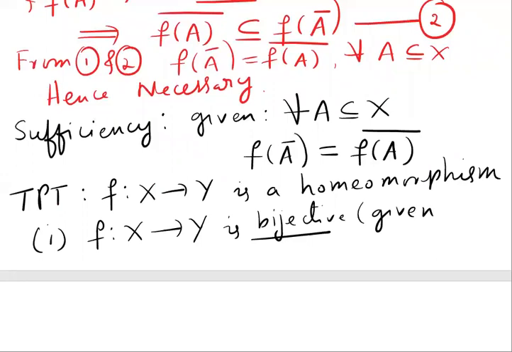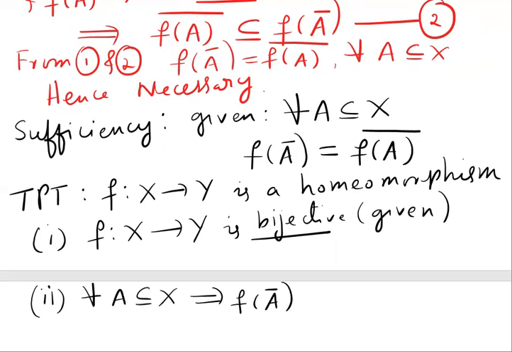Remember in the beginning, the statement of the theorem says a bijective function, correct? So F is bijective, that is given. Second one, is it continuous? They have given for all subsets A of X, F of A bar is equal to F of A whole bar, right?